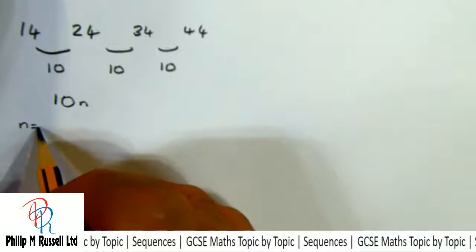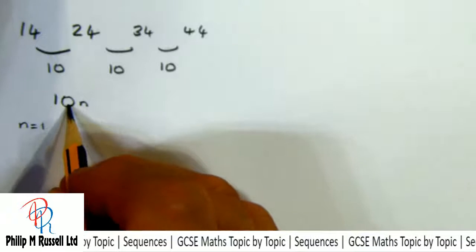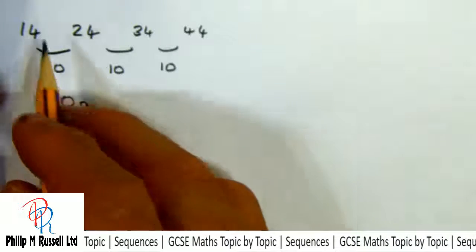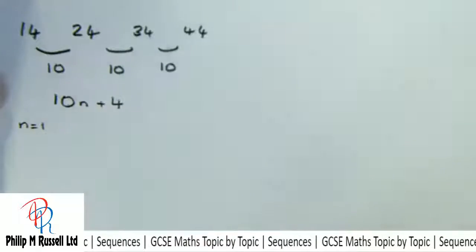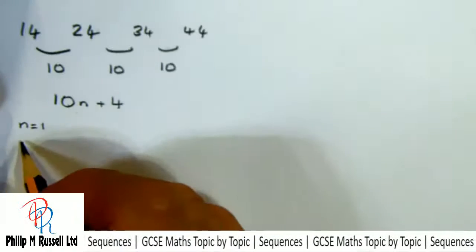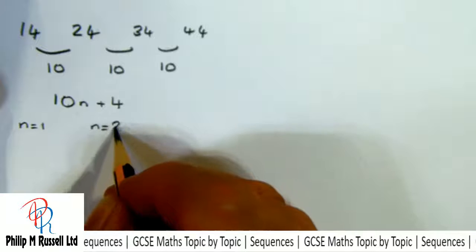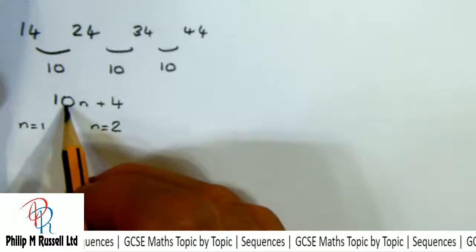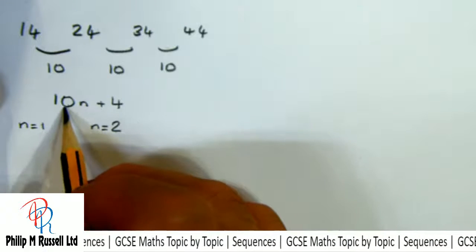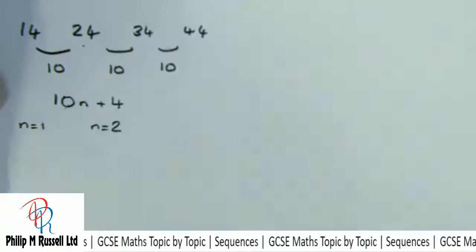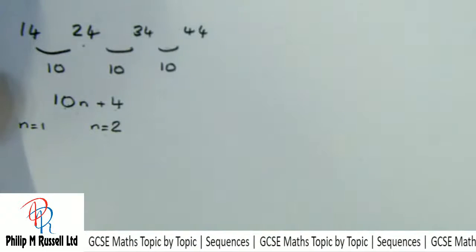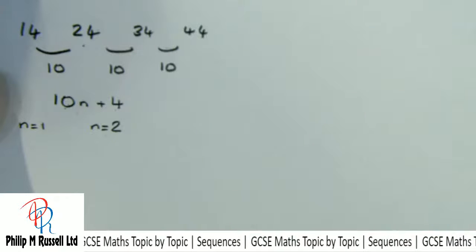When n equals 1, 1 times 10 is 10, but I want 14, so I need to add on 4 this time. Let's check to see if it's right with n equals 2. 2 times 10 is 20, plus 4, 24. And the others will work in exactly the same way.